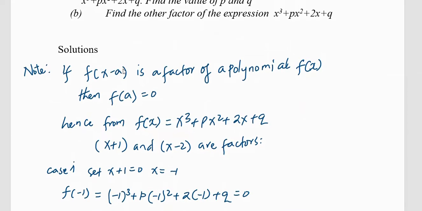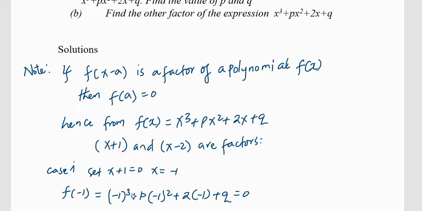If x plus 1 is a factor, then we can set x plus 1 equal to 0. If we substitute this value of x in the expression, the polynomial should reduce to 0. So x plus 1 equal to 0 gives x equal to negative 1, and we look for f of negative 1.